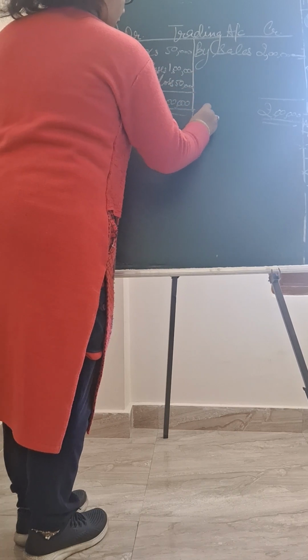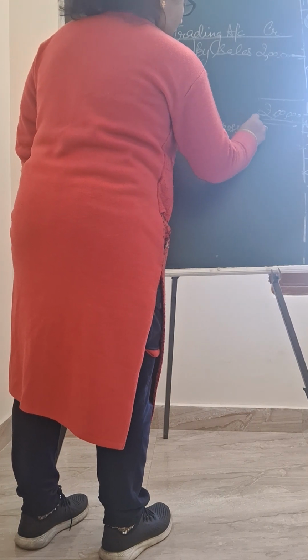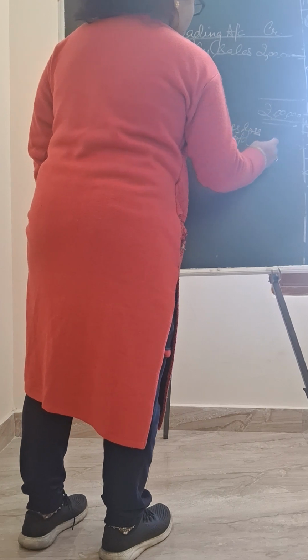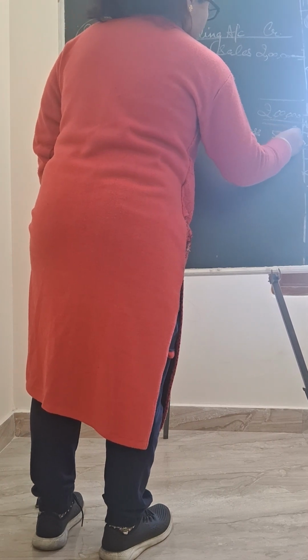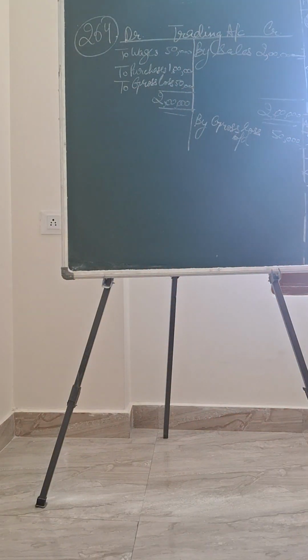Next we have by gross loss brought down equals 50,000. This is the easiest calculation we have done to show the balance of gross loss.